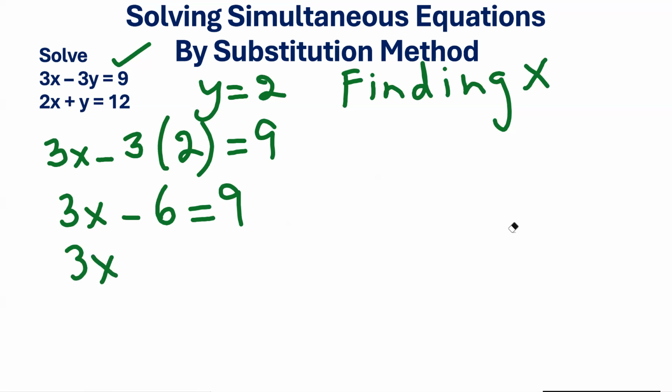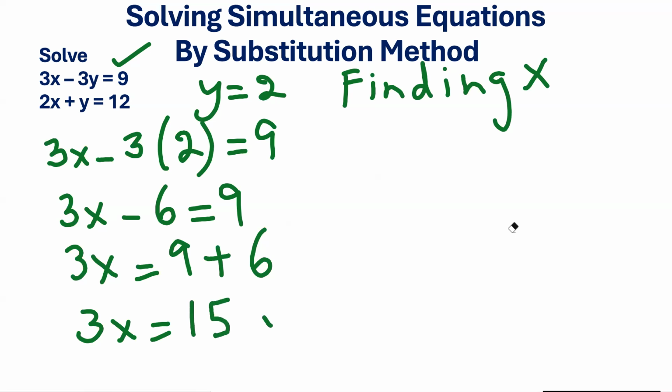So now you can shift 6 to the other side. 9 plus 6 will give you 15.